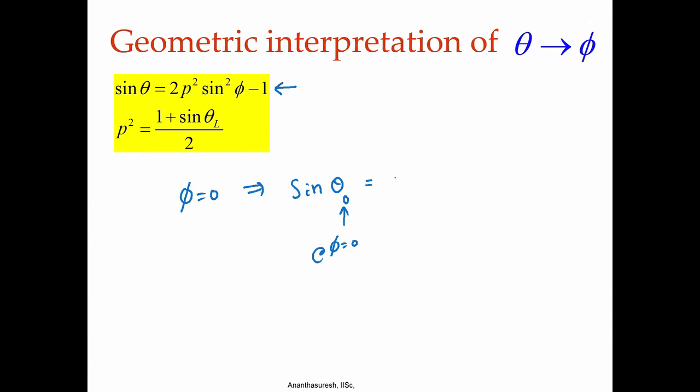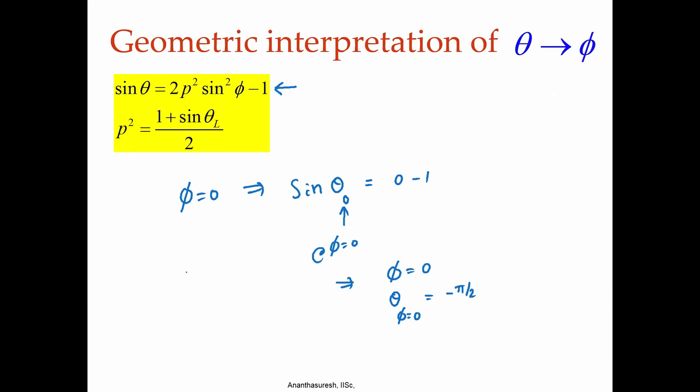That will give me 2 p square sine square phi, but sine phi is 0, that will become 0 minus 1. So, what I get is that theta corresponding to phi equal to 0 will be, because sine of that is minus 1, minus pi by 2.